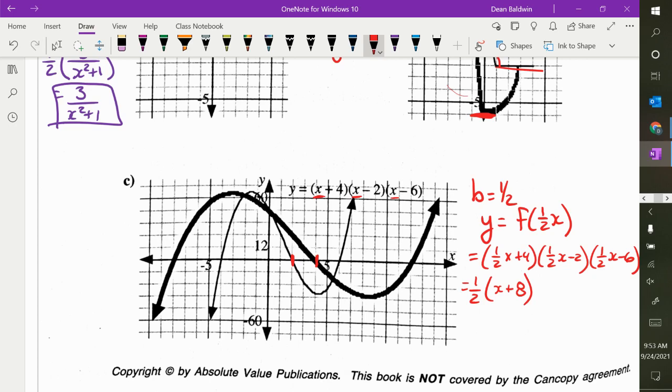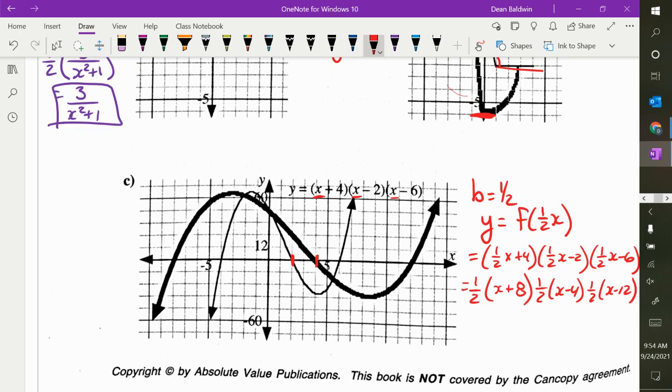And then you do it for the second one, and what do you get? X minus 4. And then you do it for the third one, and what do you get? X minus 12. And then, who wants to write that?